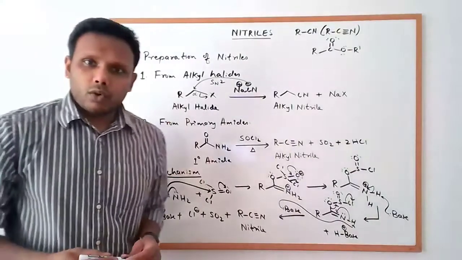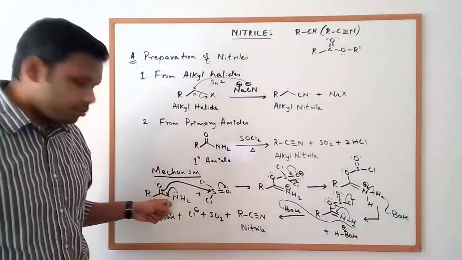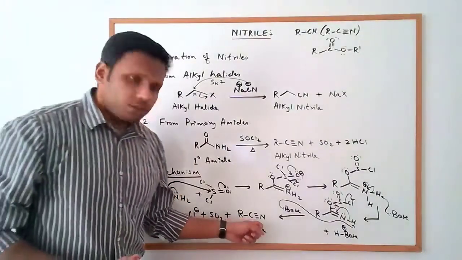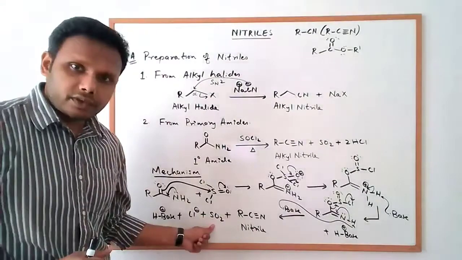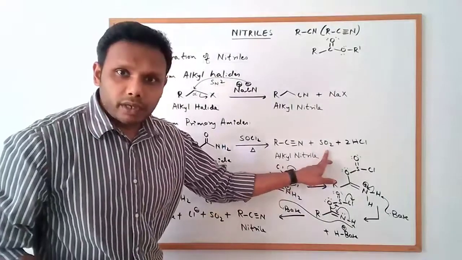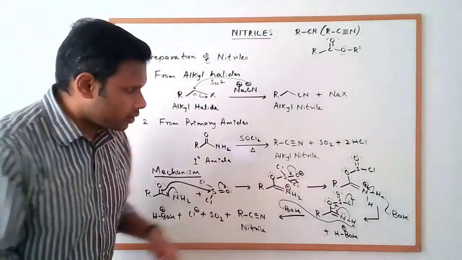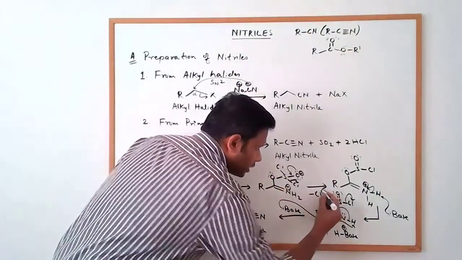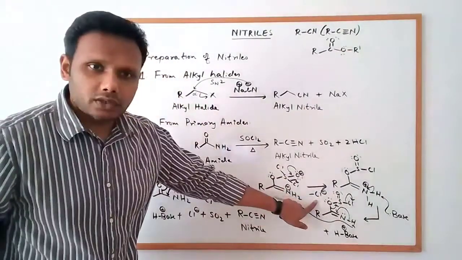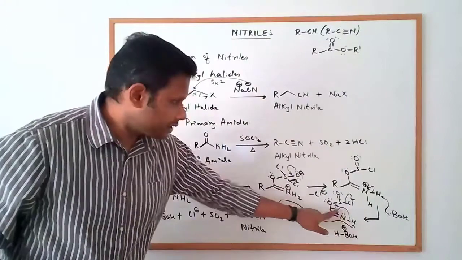So if you look at it overall in this mechanism, we've converted the primary amide into an alkyl nitrile. Simultaneously, we've made sulfur dioxide, which is one of our byproducts. And we lost two chlorides: one chloride lost over there, and another chloride lost in this last step.